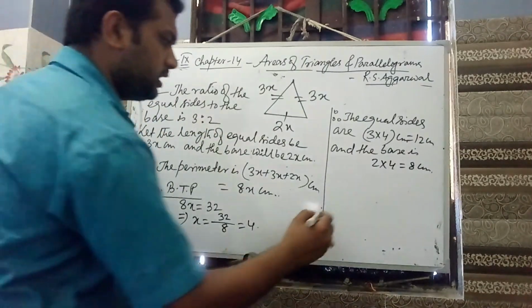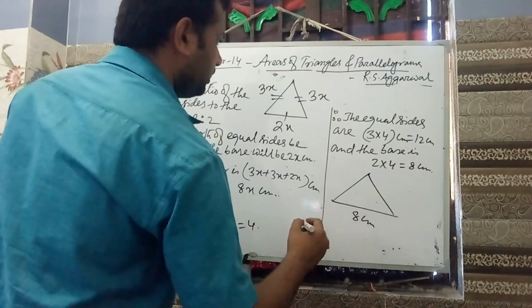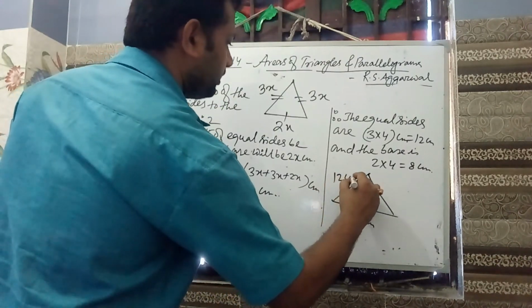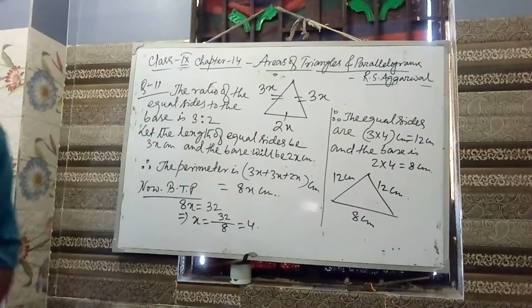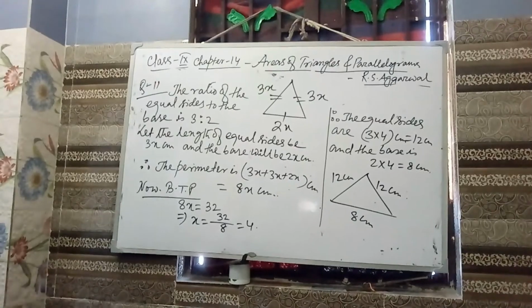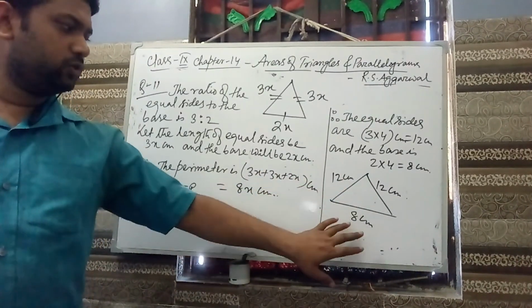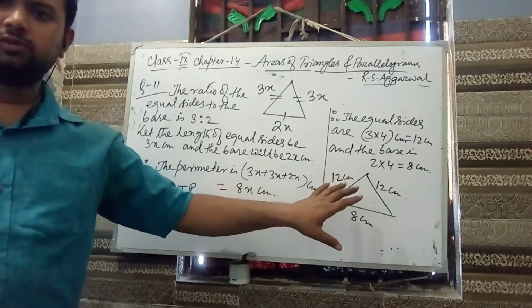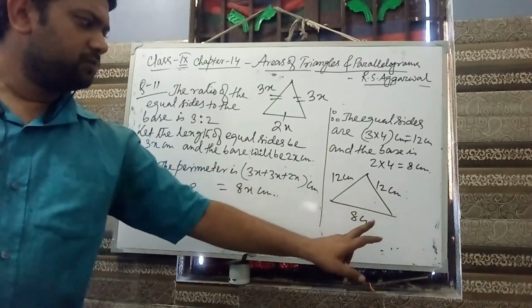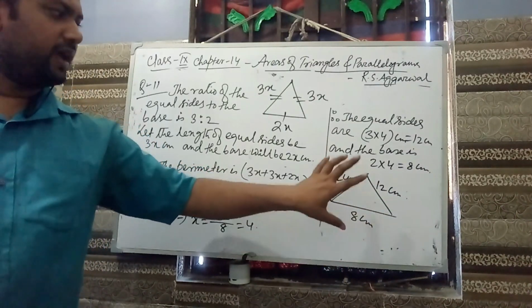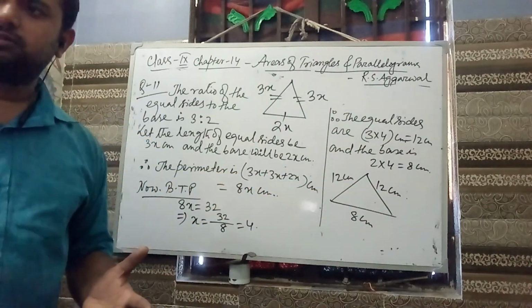So you got the triangle with base 8 centimeter and equal sides 12 centimeter, 12 centimeter. For the next part, find the area of the triangle, that is, you have to use Heron's formula. You will be doing this part at home. Clear? You got the triangle whose sides are 12 centimeter, 12 centimeter and 8 centimeter. Apply Heron's formula on it, so you will get the area of the triangle. Clear?